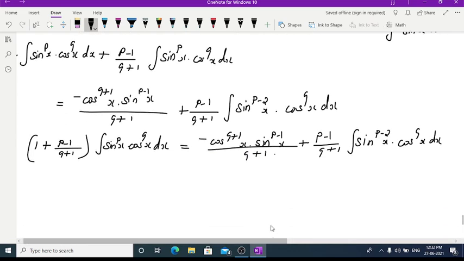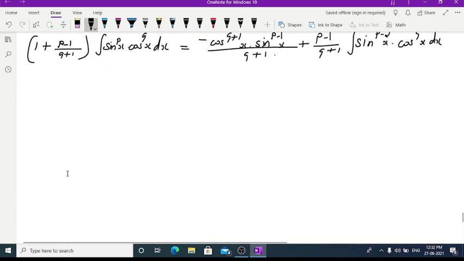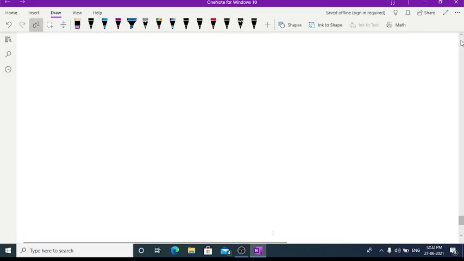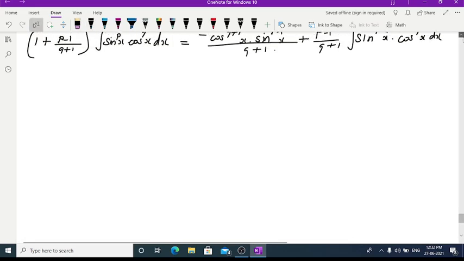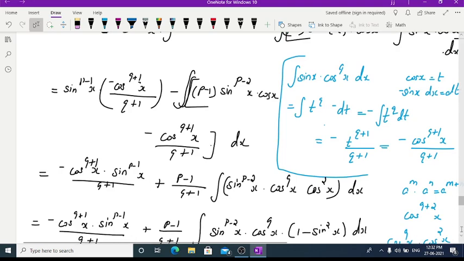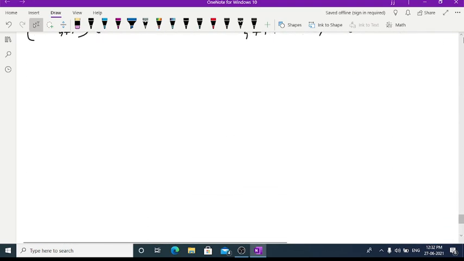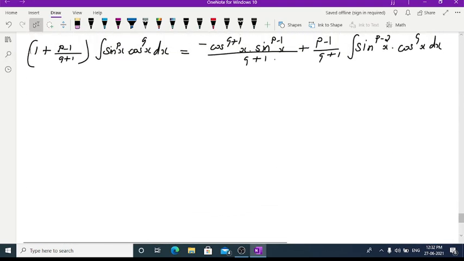Now the left side, simplify this one. The left side becomes this one. Simplify this one, taking LCM, (q plus 1 plus p minus 1) divided by (q plus 1). So plus 1 minus 1 cancel, so this becomes (p plus q) divided by (q plus 1).